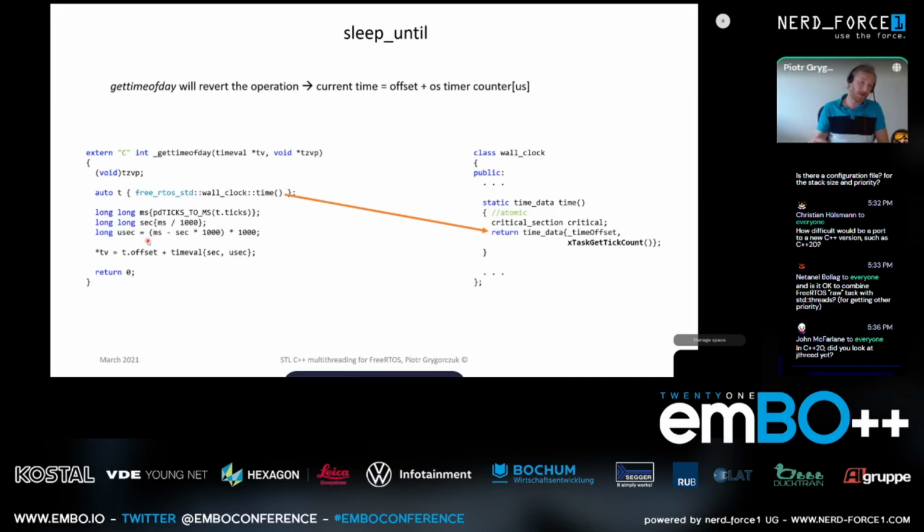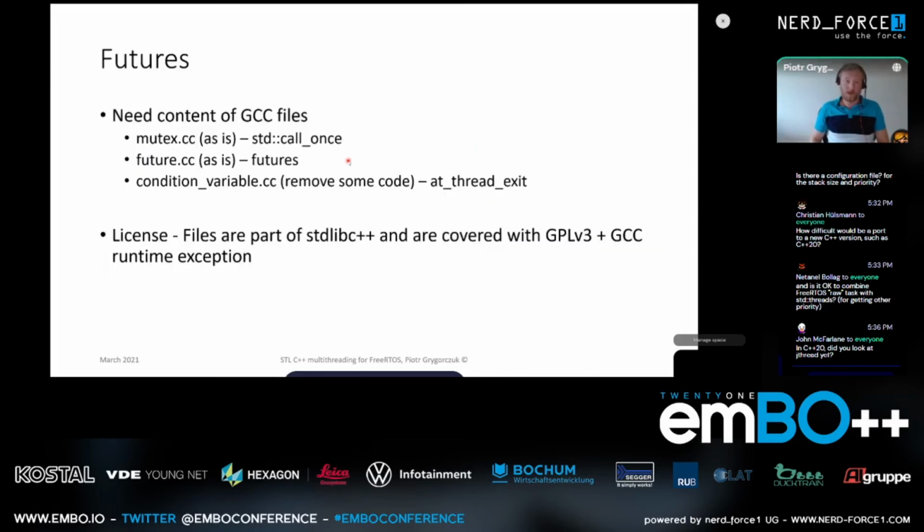In the previous function it was subtracting, here it's adding, so it might be a little confusing, but it's a simple operation, and the time is returned through this argument. Gettimeofday is trivial, but it's used by any timed feature. It's used by timed mutex, and also by condition variable timed wait. Futures.